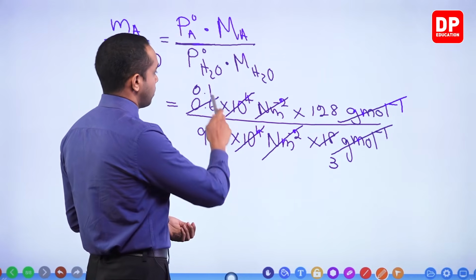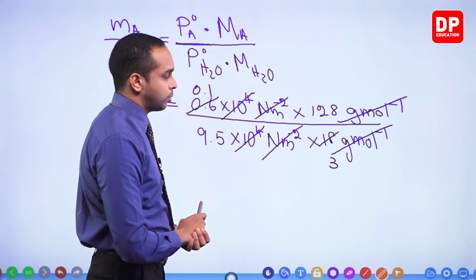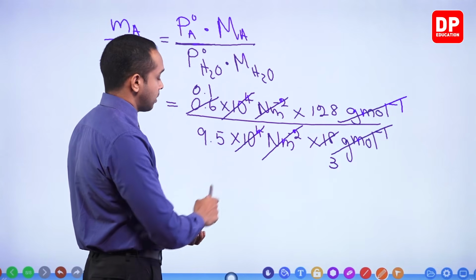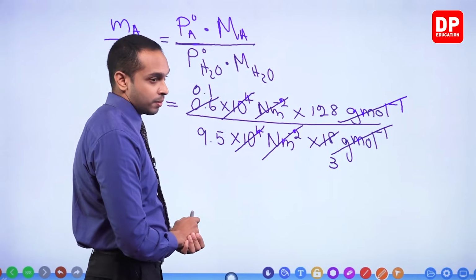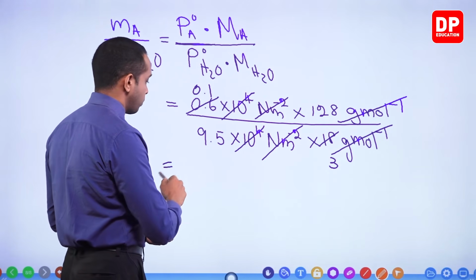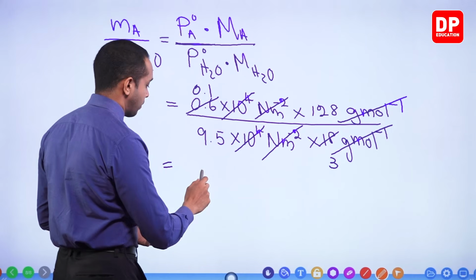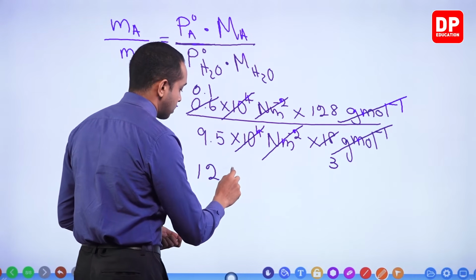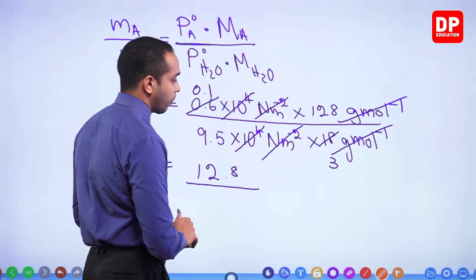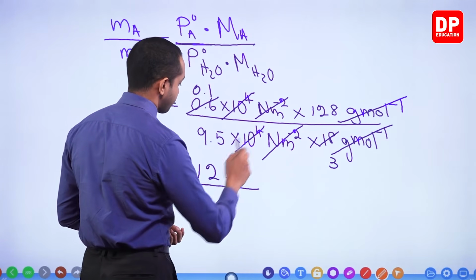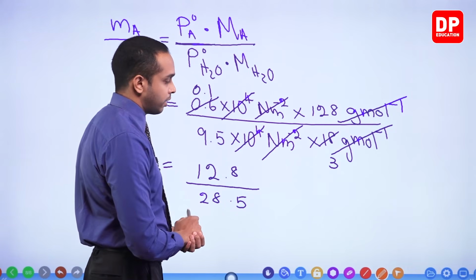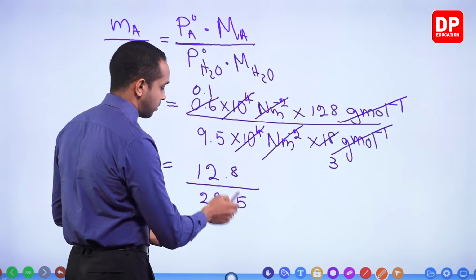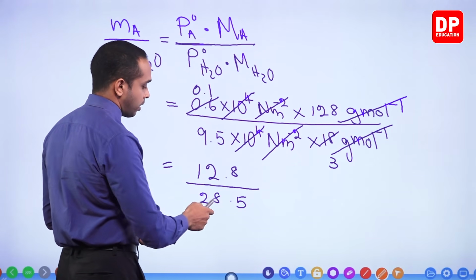So we have 0.1 multiplied by 128 in the numerator, and in the denominator, we have 9.5 multiplied by 3. So if you go ahead and write them down, it's going to be 12.8 divided by 28.5. 3 multiplied by 5 is 15, and 27 plus 1 is 28.